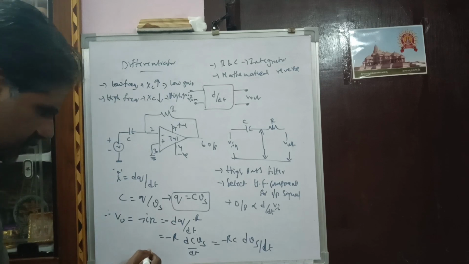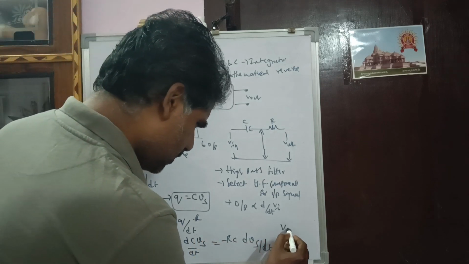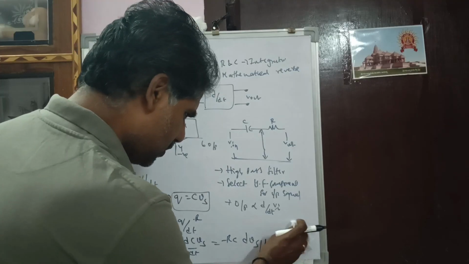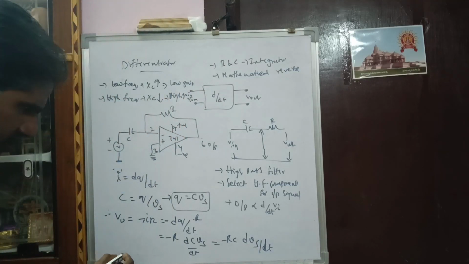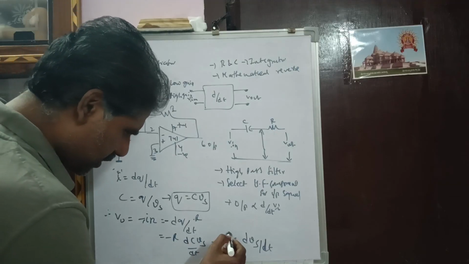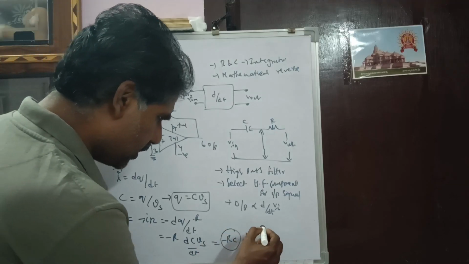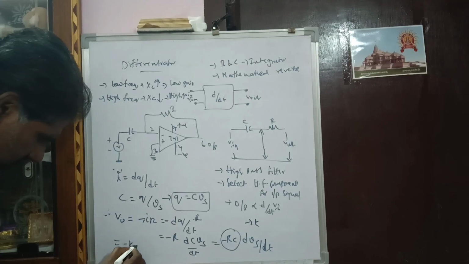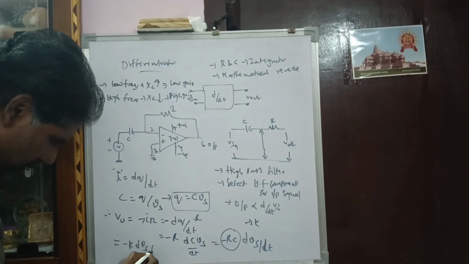So V naught is equal to, therefore, this can be written with RC denoted as K, so that K into dVs by dt.